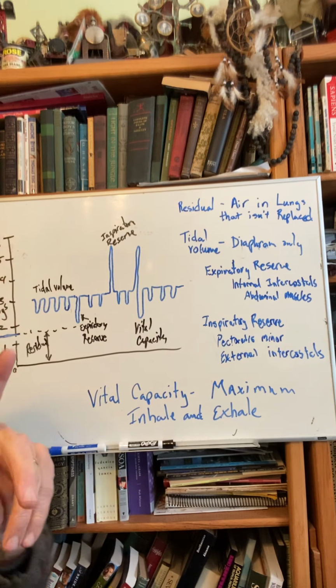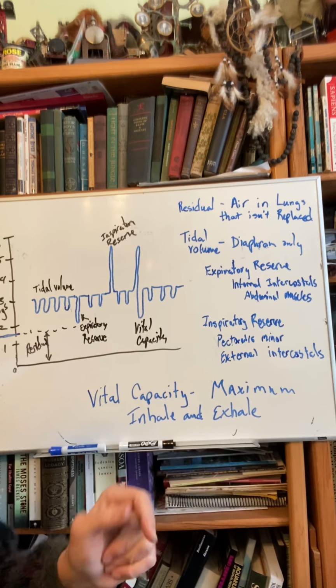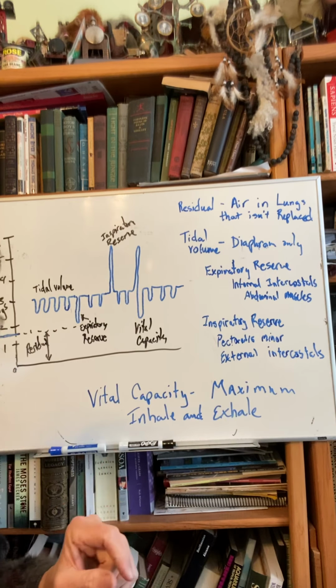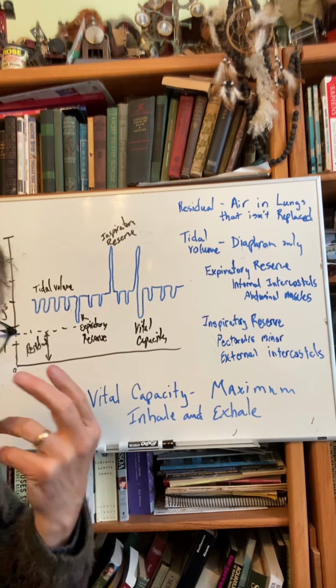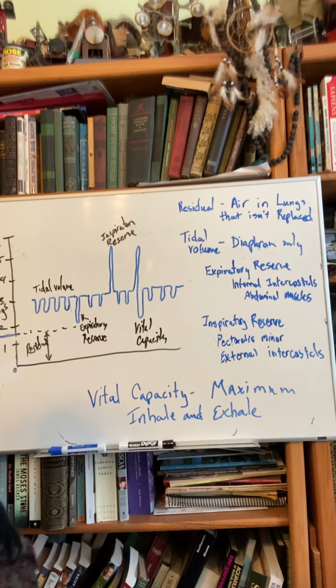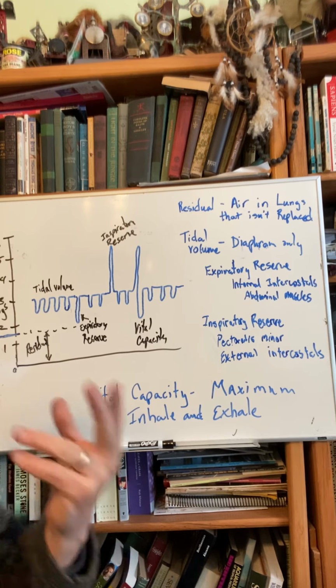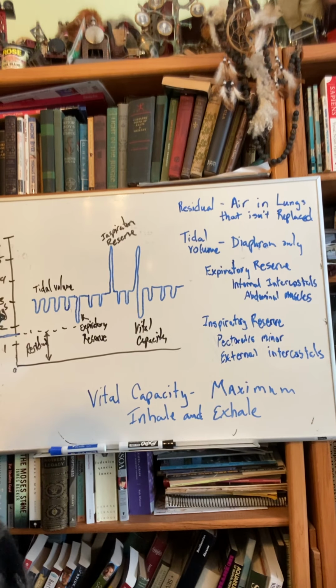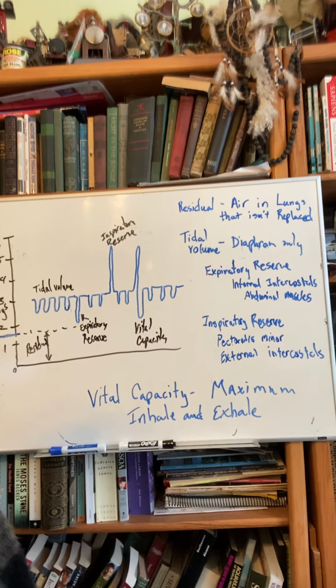So we have a final value. It's approximately 1,400 milliliters, 1.4 liters, and this is called the residual volume. This is air that is present in these rigid portions of your airways that can never be exhaled.